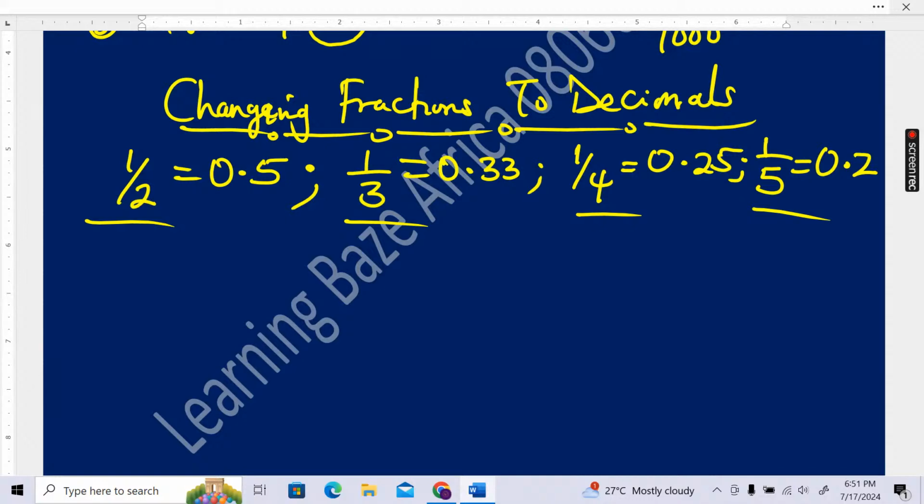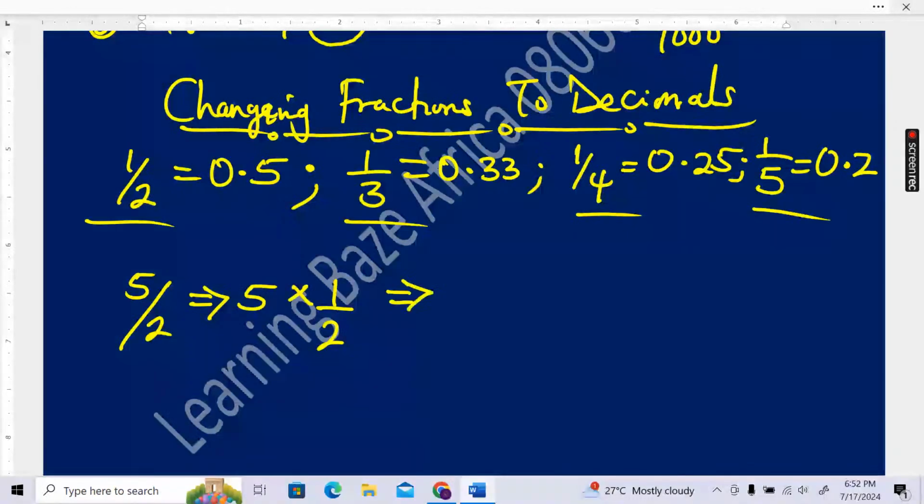Now, what happens if we have 5 over 2? There are two ways to change this particular number to decimal. Now, 5 over 2 is the same as saying 5 times 1 over 2.